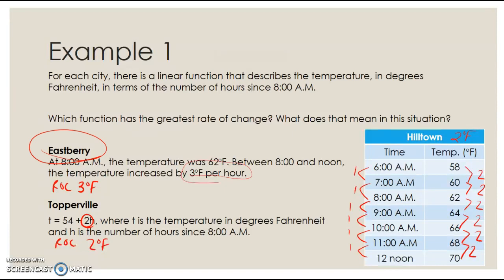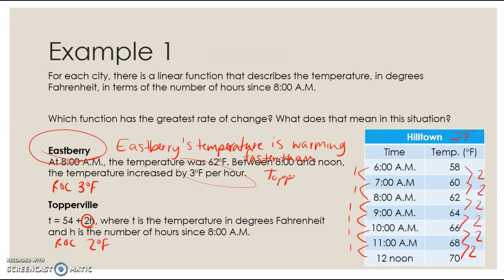Well, Eastbury has the greatest rate of change. And what that means is that Eastbury's temperature is warming faster than Topperville or Hilltown.